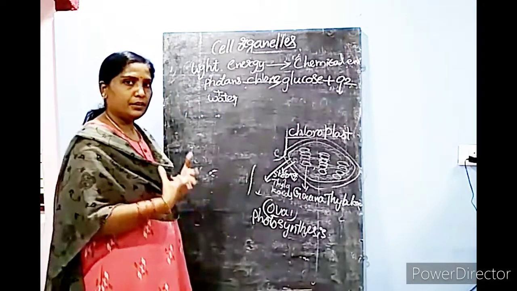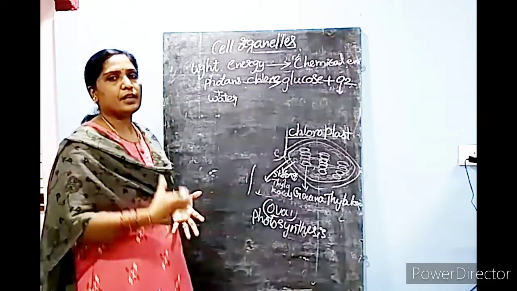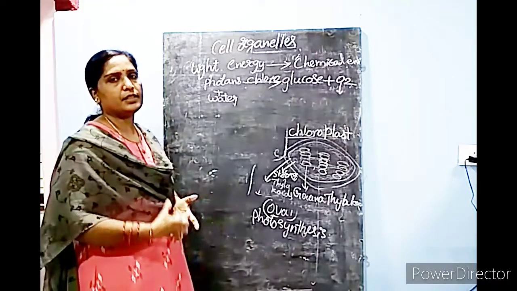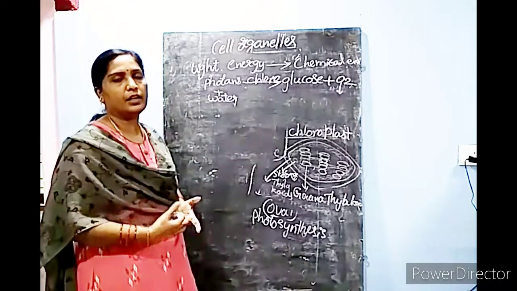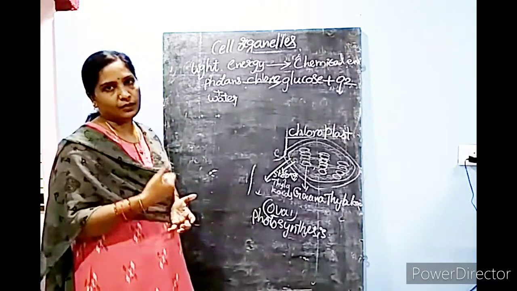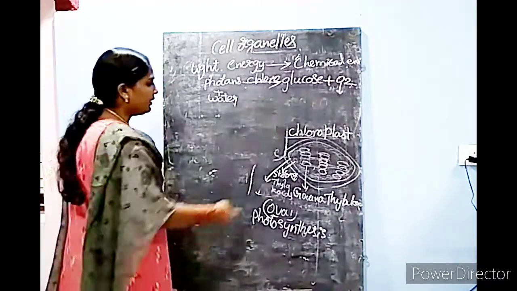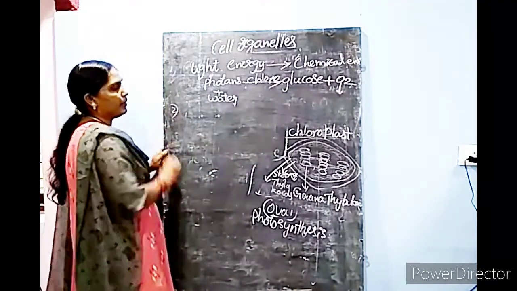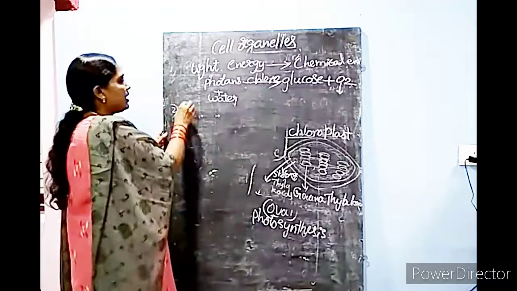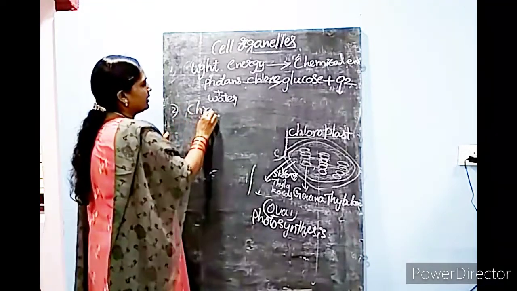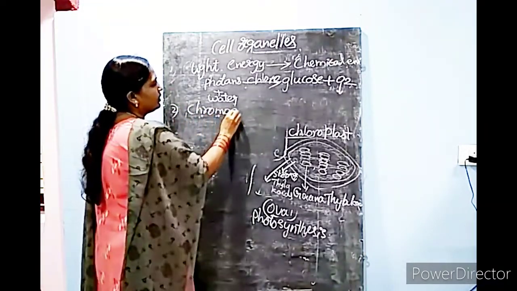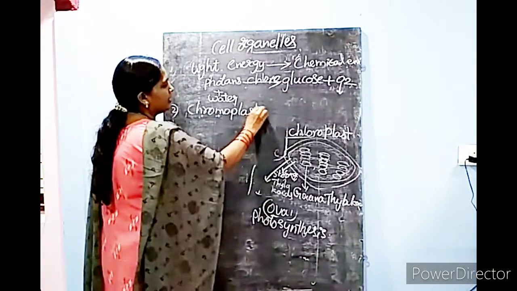So in this way the plastids are present in plant cells and help them carry out the basic life process of photosynthesis. The next type of plastids are chromoplastids.